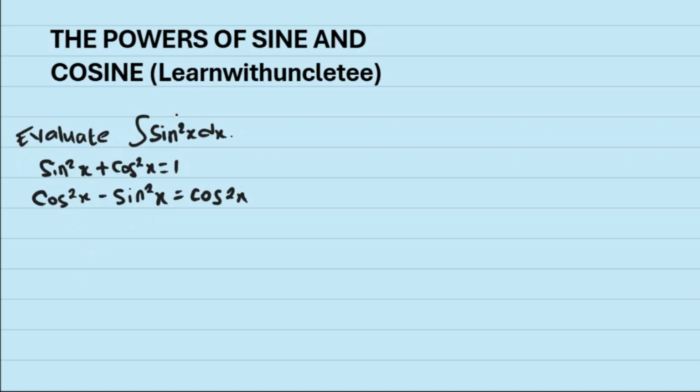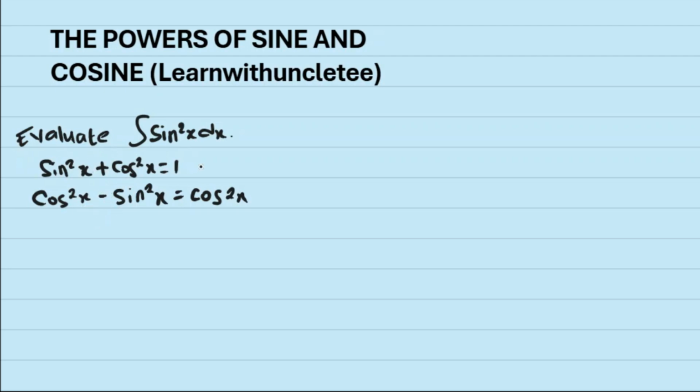So here, since we want to find the integral of sine square x, we are going to look for a function that is just going to have sine square x as the subject of formula. Then every other thing that we have here, we are going to substitute something else. And that something else is not just anything. We are going to derive it from this identity.